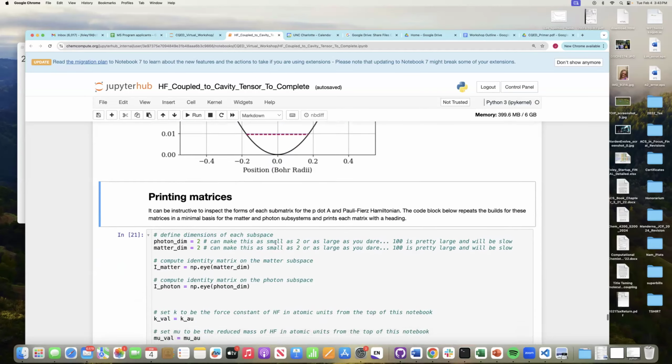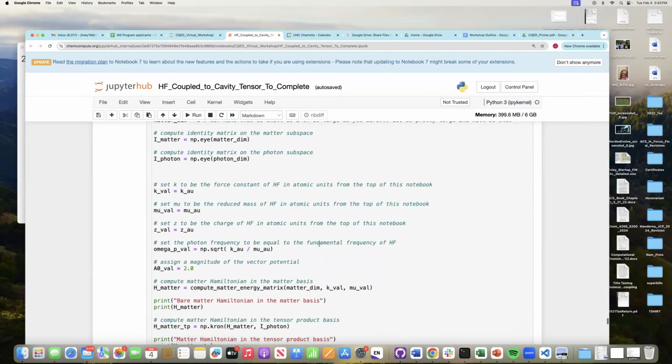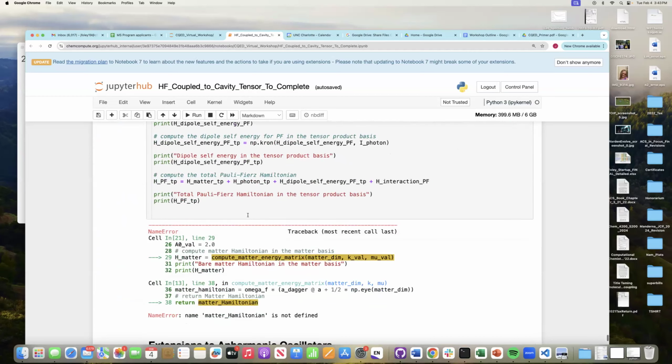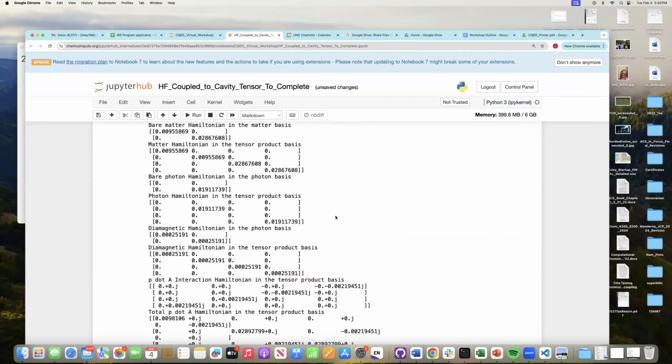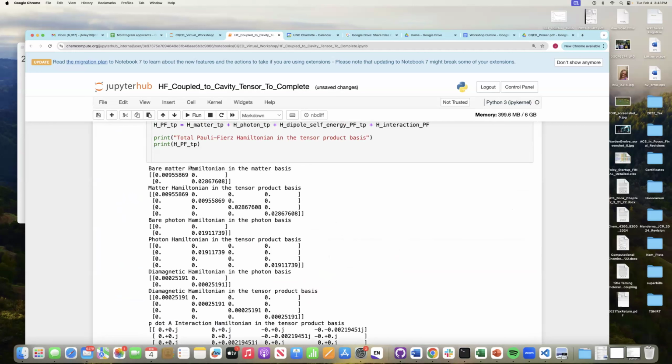The only other thing I would say is that if you want to see each of the matrices, you can run this block and see the structure of each matrix. So the bare matter Hamiltonian in the basis of matter energy eigenstates is a diagonal matrix.